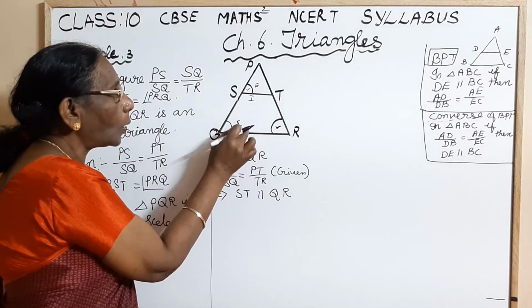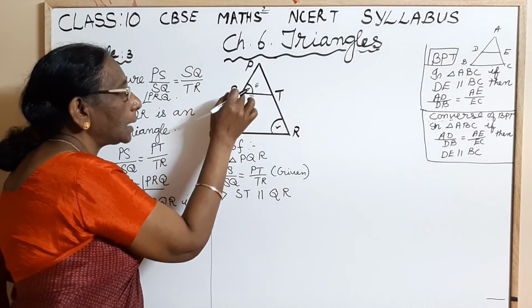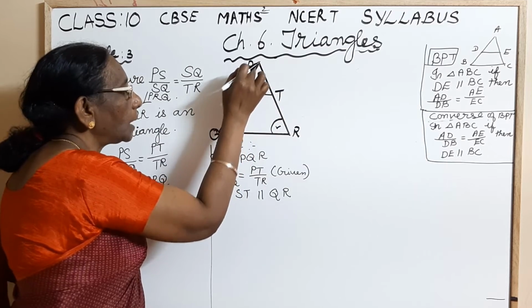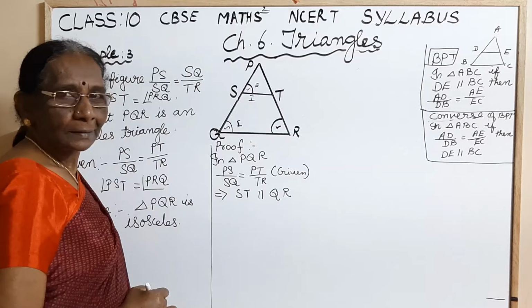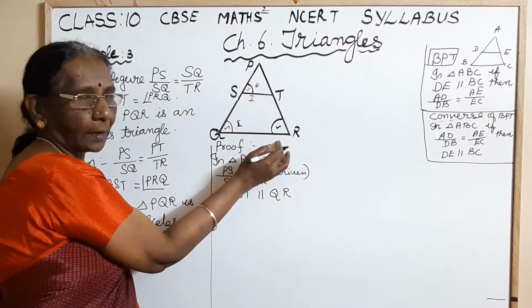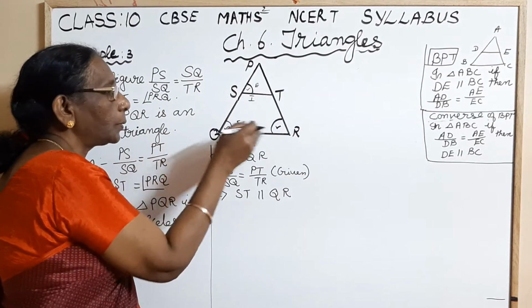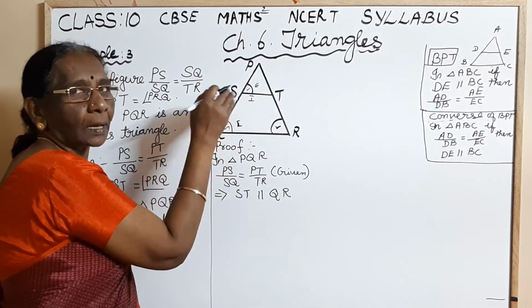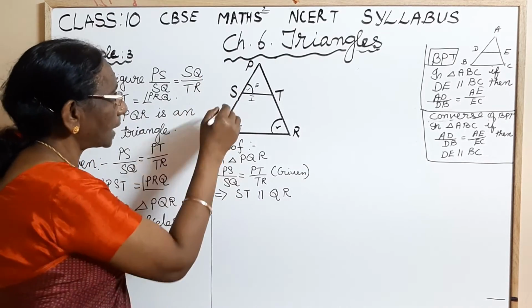Isn't it? So, since ST is parallel to QR, angle PST is equal to PQR. Isn't it? So, already it is given these two angles are equal. Now, the same angle is equal to PQR by what property? Corresponding angles property. Is it clear, children? So, now second step.